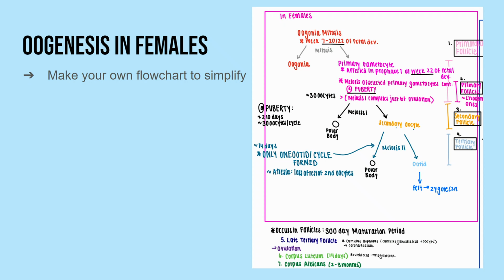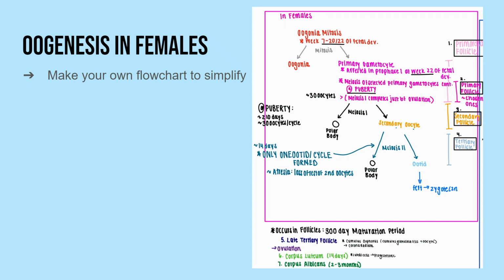And here we have another difference. We only form one secondary oocyte, and the other cell that's formed is known as a polar body. So that just doesn't really do anything. It's kind of irrelevant.